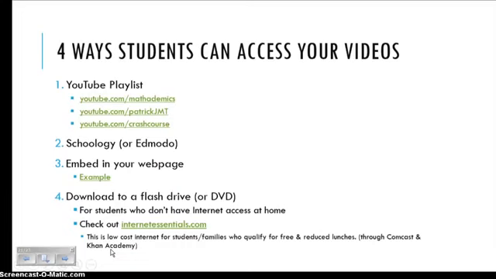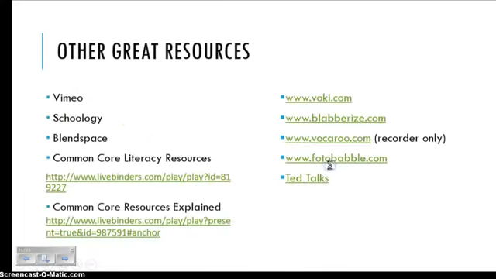So if you go to this site, you'll see that it's about $9.95 a month with no price increases. It also has a really good deal for a new computer. So it's really an excellent program. You should check out students and families who qualify for free and reduced lunches.